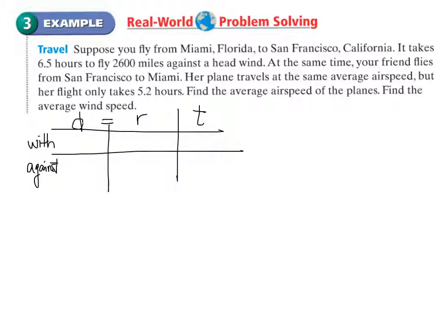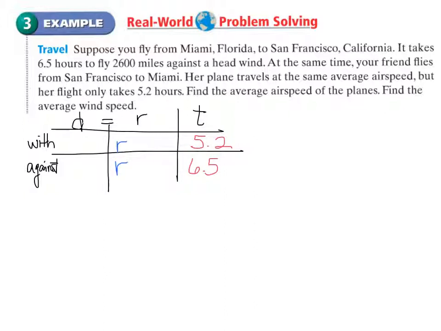We know it takes 6.5 hours to fly against the wind, so I can plug in 6.5 for the time. It takes 5.2 hours to go with the wind. Her plane travels at the same average speed, so we don't know what the rate is. Remember, rate is speed. So I'm going to let that just be R.